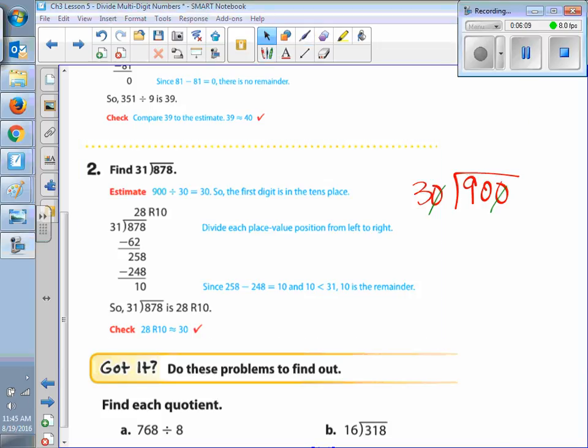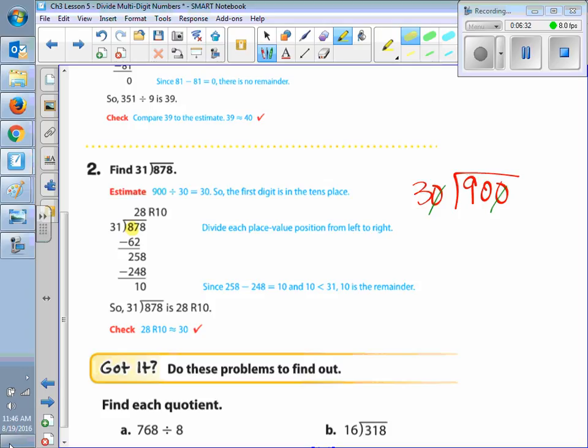We know that 30 times 3 is 90. And when we look at that number, isn't that too much? Isn't 90 too much? Yes. So that's why rather than using 3 that we estimated, we're going to use 2. So go in 2 times. Does that make sense? Mm-hmm.